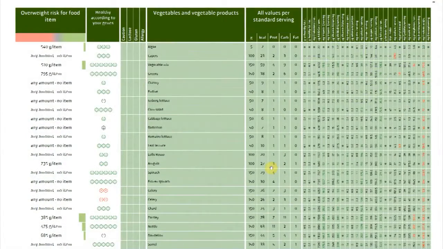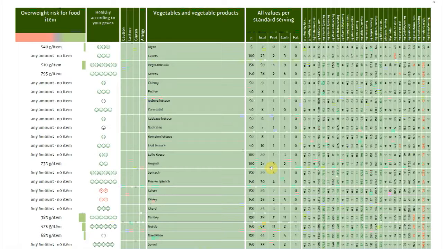6 happy smiley faces is the best you can have. It just means that vegetable mix in general is very healthy for you. It contains a lot of vitamins and minerals that you require in a higher amount based on your genetics, and it contains very few substances that are a problem for your health. 1 smiley face is less healthy than 6 smiley faces.